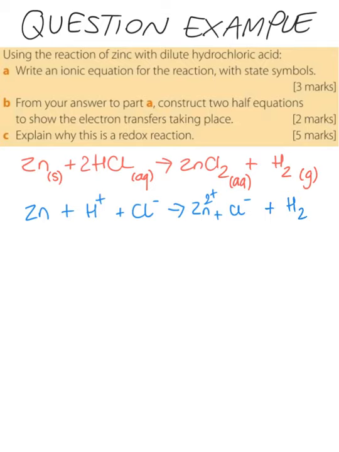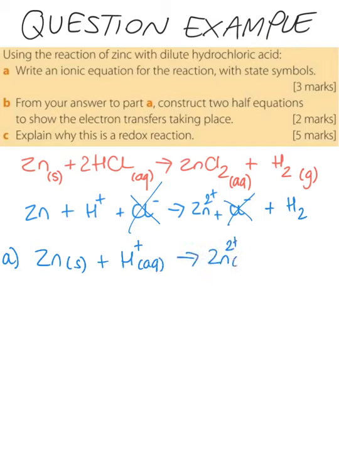That's how I like to set it out. We then have to remove any spectator ions. They are ions that have not changed from the left-hand side to the right-hand side. You can see here that Cl minus has not changed from either side of the equation. So therefore, here is the final answer to part A. I've removed my Cl minus ions, my spectator ions.